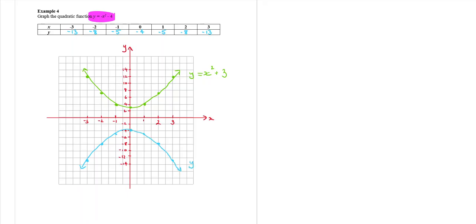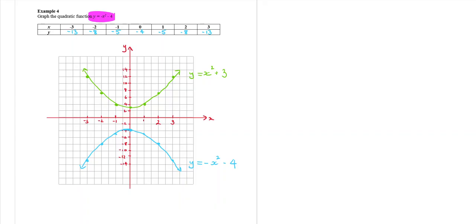Okay, so this was y equals -x squared minus 4. So the negative in front of the x squared turns the parabola down, and the -4 has moved the point of that parabola down to -4.